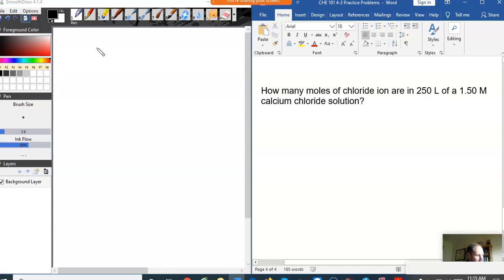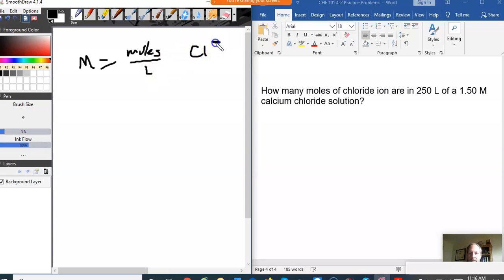Okay, so let's go over this. This is a molarity problem. I give you molarity, so moles over liters. I'm asking you how many moles of chloride ions, how many Cl- ions are there? Remember, the structure of calcium chloride is CaCl2.